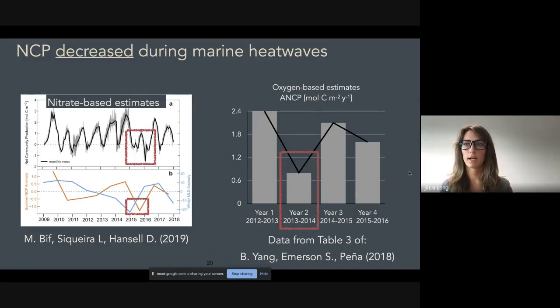Though they found that there was a major decline associated with these warming events, they found that this decline happened in different years, and that may be a result of them using pretty different approaches at calculating net community production. So Biff et al. used a nitrate-based estimate, and they constrained their observations to above the photic depth, whereas Yang et al. used an oxygen-based measurement, and they used the maximum winter mixed layer depth to get NCP.